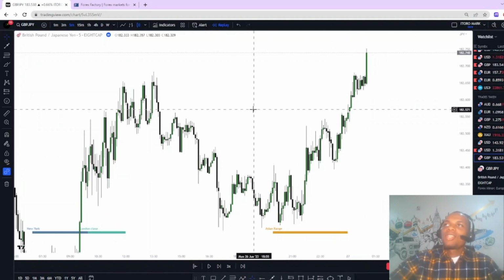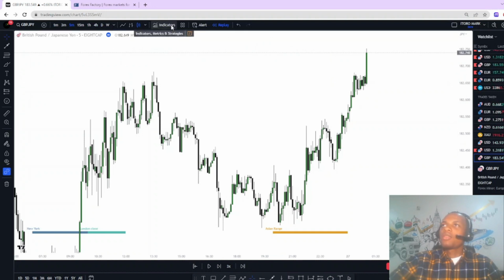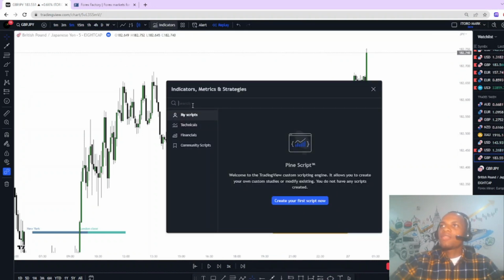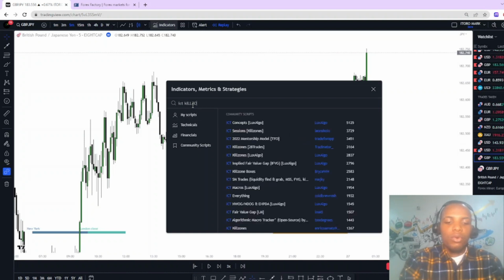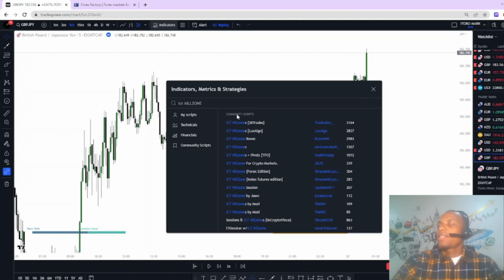To add this on your chart, all you need to do is go to indicators here at the top of your chart, click on it and then search for ICTQ zone. And then once you click on ICTQ zone, a whole lot of ICTQ zone indicators will come out, but the specific one I'm using is this one, ICTQ zone.